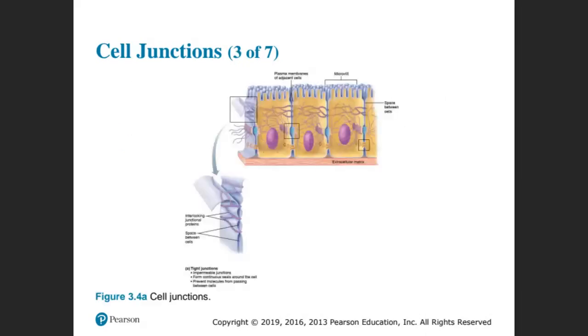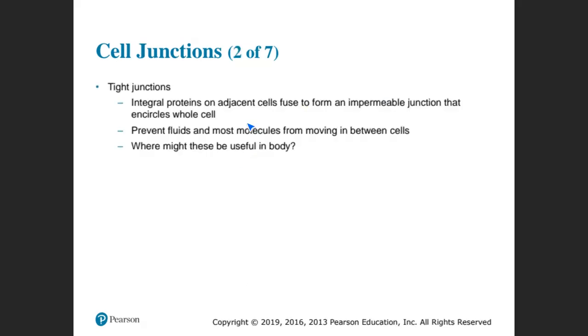Let's show a picture of what this looks like. So with tight junctions, it's like it sounds. There are cells that are held together really tightly. These proteins really anchor the plasma membranes of adjacent cells together tightly. All right. And so they're kind of fused together.